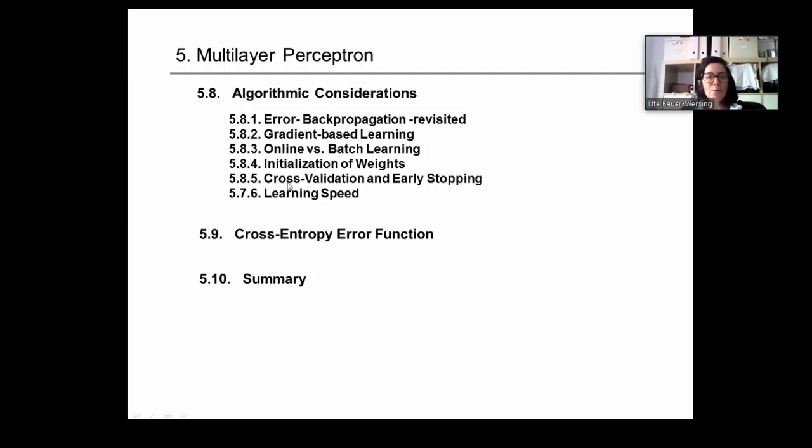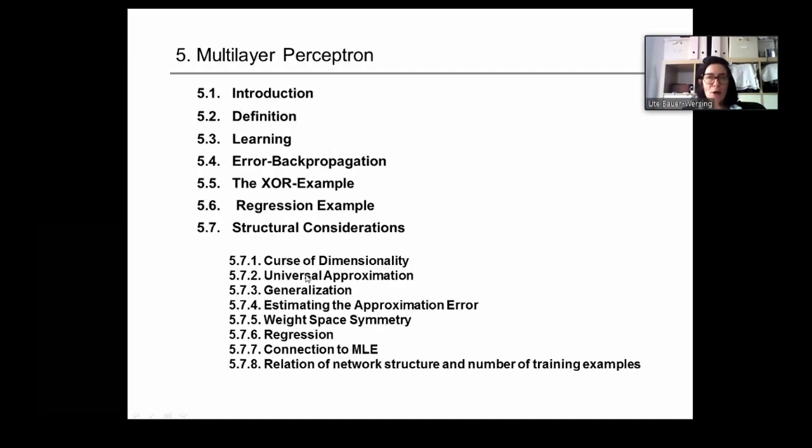And in the end of this chapter, we again focus on so-called cross-entropy error functions, which are the error function that is used for classification purposes when we have multiple classes. So this is what's ahead of us in chapter 5.